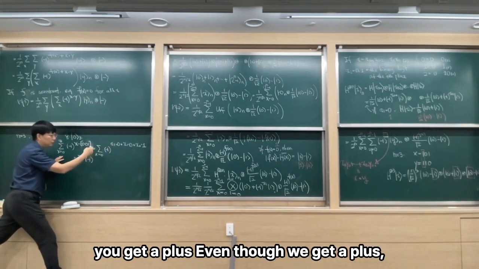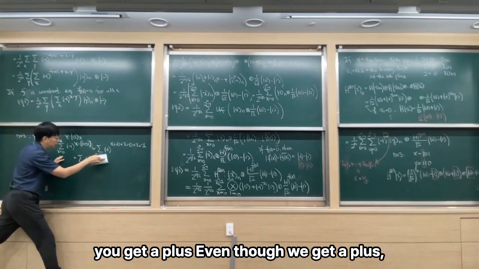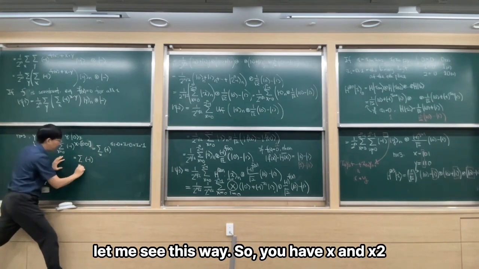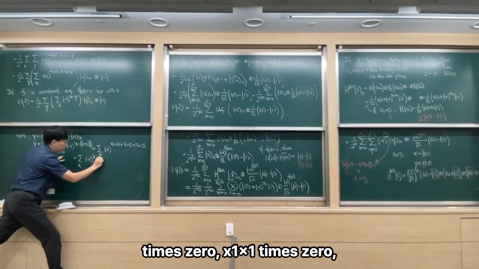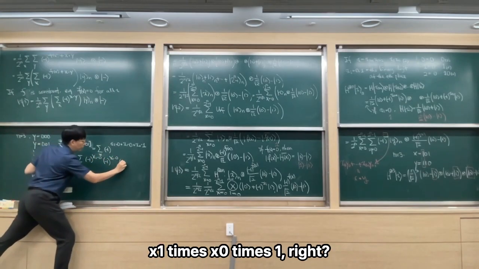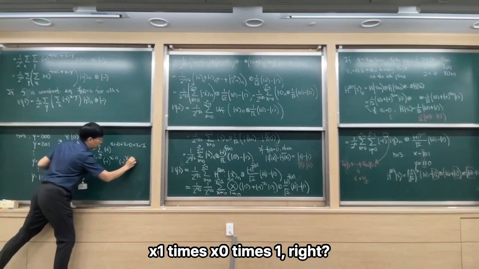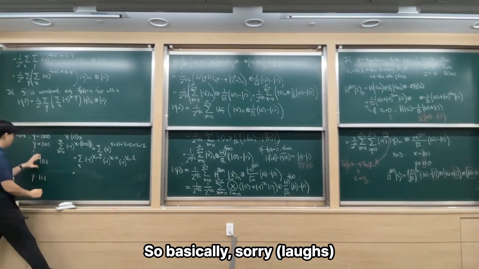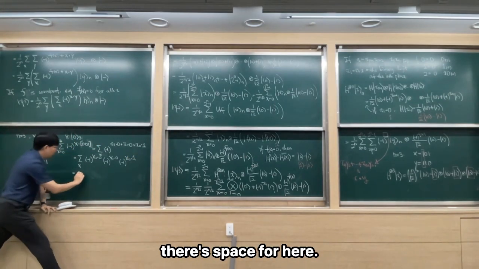When x is even, we get a plus 1, right? So let me see this way. So you have x2 times 0, x1 times 0, x0 times 1, right? So basically, sorry, I don't have space here.